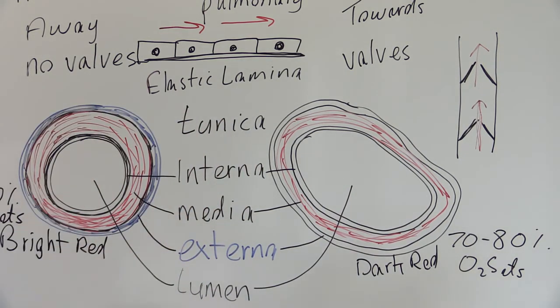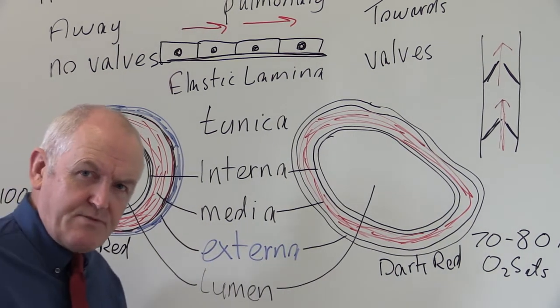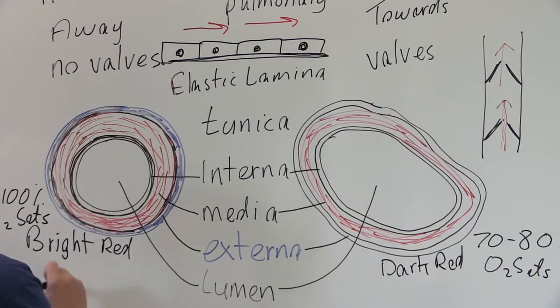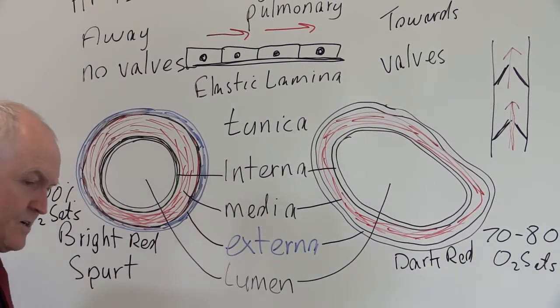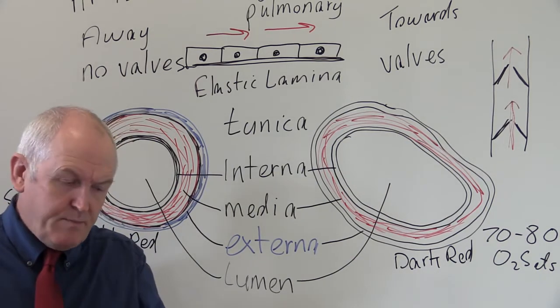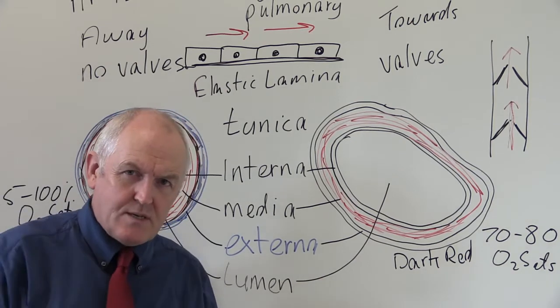Now, the pressure in arteries is higher than in veins. So if you cut an artery, the blood will spurt out. So when you see an artery cut, the blood can go pss, pss. It can actually squirt out.